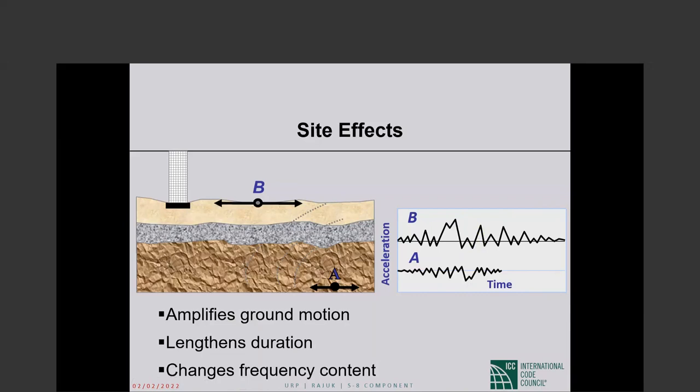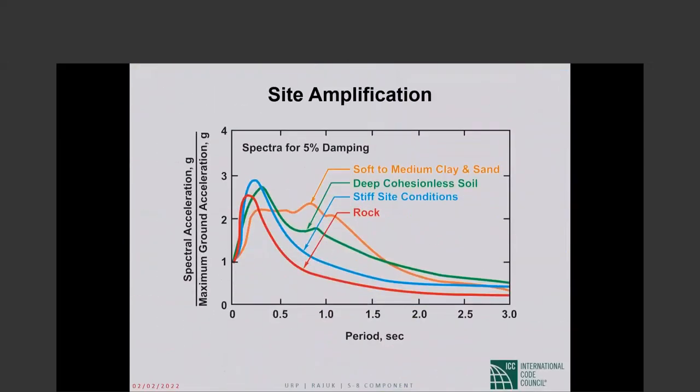Now a ground motion typically does not have one frequency. It has a frequency content, a mixture of frequencies. And if you look at the top and the bottom figures, you will see that the mixture of frequencies are quite different between the two. So the frequency content changes because of the overlying soils.